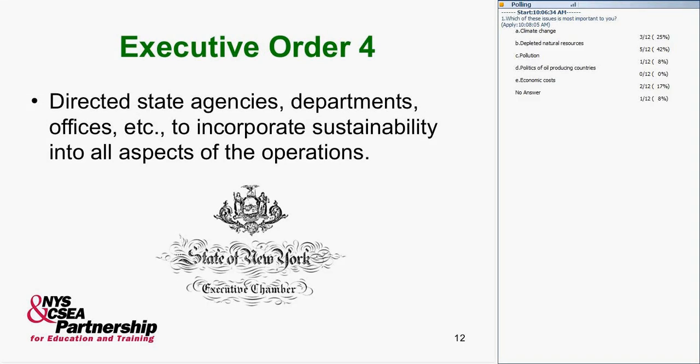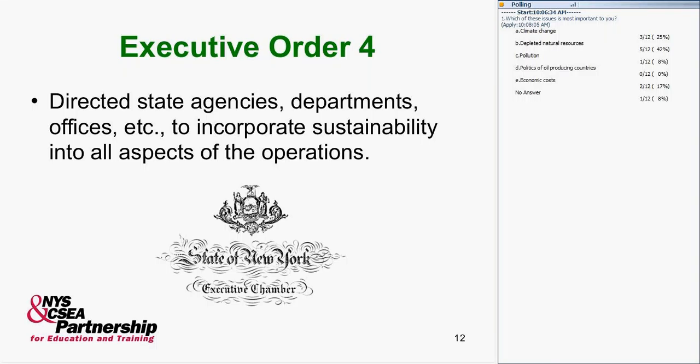Okay, so what are we doing about it? Years back, Executive Order 4 came out. The governor came up with Executive Order 4, which basically said, this is from Governor Paterson in 2008, that government agencies were going to incorporate green, permanent and sustainable initiatives.